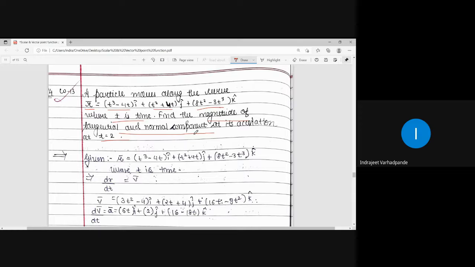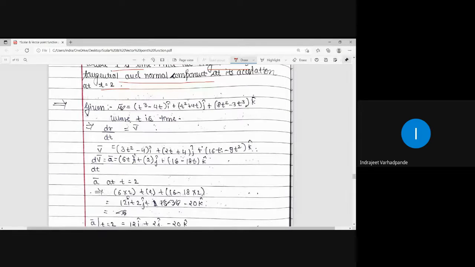at is nothing but a bar dot t cap. What is t cap? t cap is nothing but dr by dt upon magnitude of dr by dt. That is going to be the tangential component. So given r bar is equal to (t cube minus 4t) i plus (t square plus 4t) j plus (8t square minus 3t cube) k, where t is time. v bar is nothing but dr bar by dt.